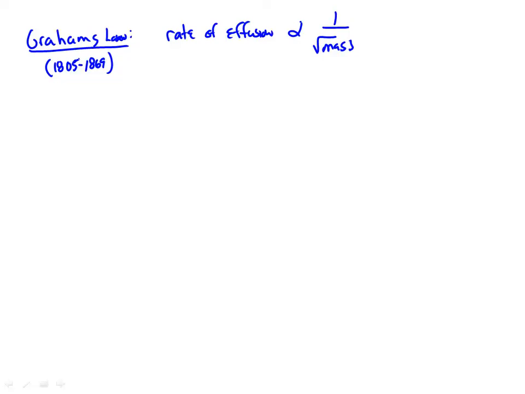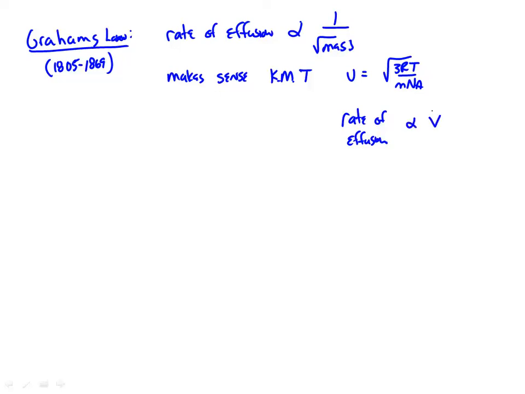And this makes sense based on kinetic molecular theory, KMT, because we know that u is equal to the square root of 3RT over M, with an N_A. And so we know that the rate of diffusion is proportional to the speed, or the average speed.